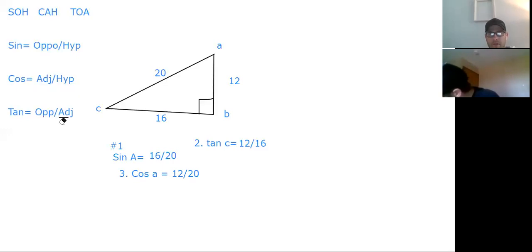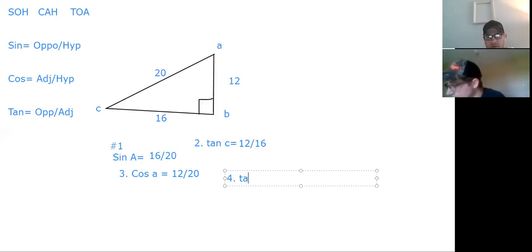Okay, what's number 4? Tan A. So the tangent of A. Okay, so you're going to do this one. If I'm using this angle, and the tangent is opposite over adjacent, what am I going to put?